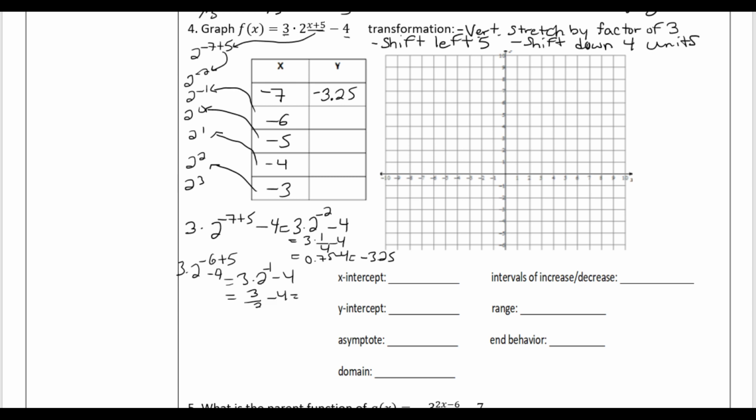Then we got 1.5 minus 4, which will give you negative 2.5 on the calculator. I just did it mentally, but you can do it on the calculator. In this example, 3 times 2 to the negative 5 plus 5 minus 4: we got 3 times 2 to the 0, and 2 to the 0 is 1. 1 times 3 is 3. 3 minus 4 is negative 1.